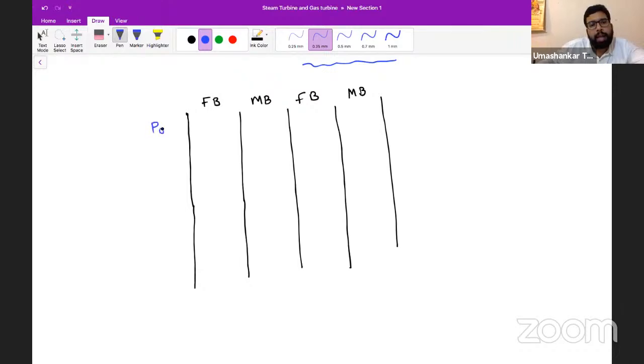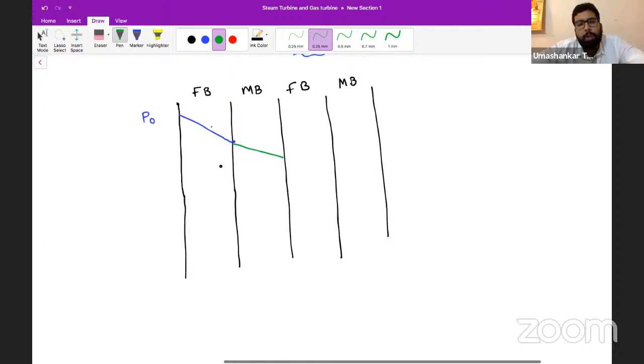Let the pressure of the steam entering the fixed blade be P0. There will be a pressure drop in the fixed blade. Then again there will be a pressure drop in the moving blade. I told you how the reaction turbine is different from the impulse turbine: in the moving blade of a reaction turbine we also have a pressure drop, while in an impulse turbine the pressure remains constant in the moving blade.